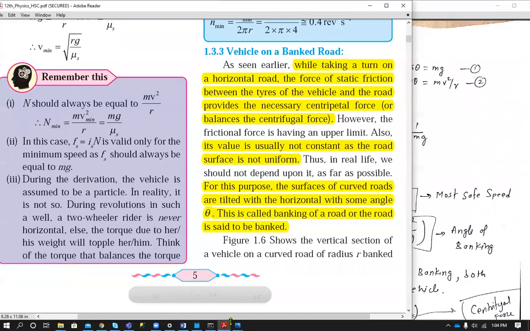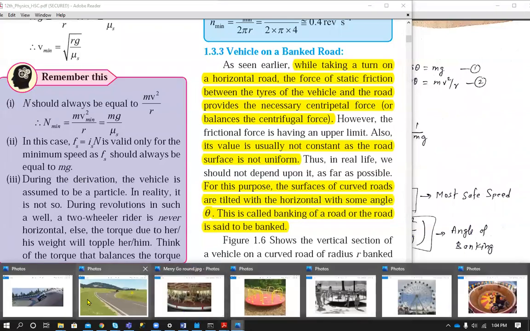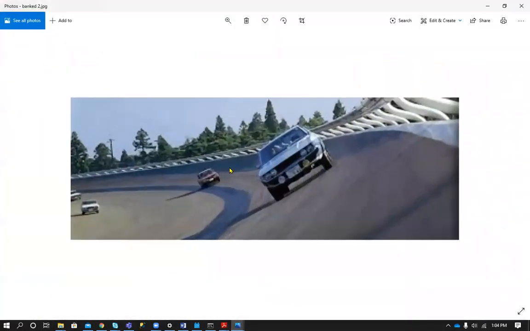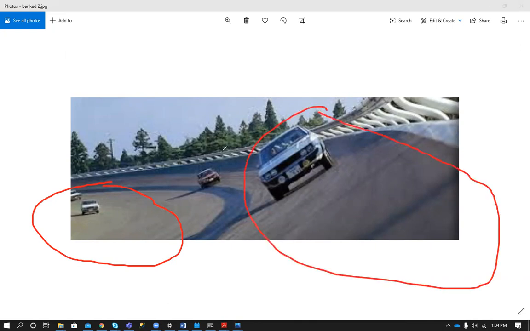Let me open it. In this diagram you can see that this part of the road is horizontal, attached to the ground, but the outer edge is inclined at some angle. Why it is made, we will see the reason. This part of the edge of the road is inclined. We will see why the road is banked or inclined at some angle.